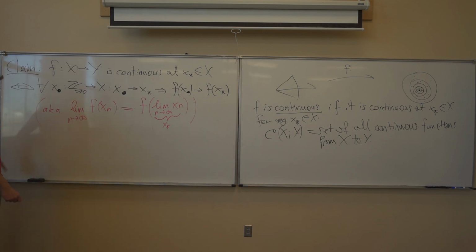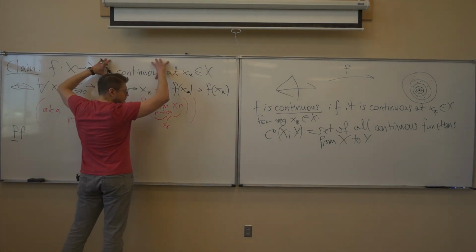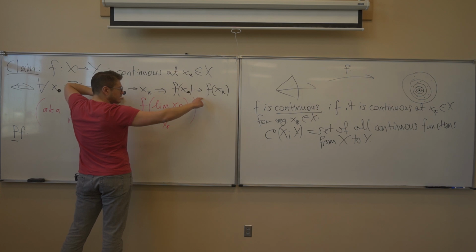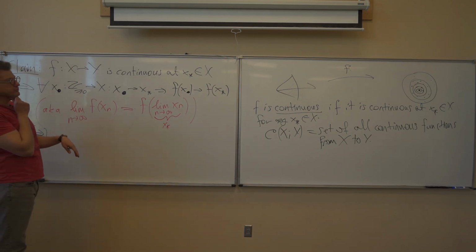So let's prove this. This is a two-sided statement. So I need to show that if this epsilon delta thing holds, then the second thing holds, and vice versa. Let's do this direction first. So I'm supposing that this epsilon delta definition holds.